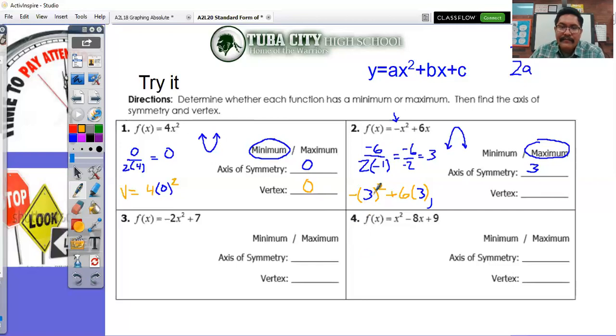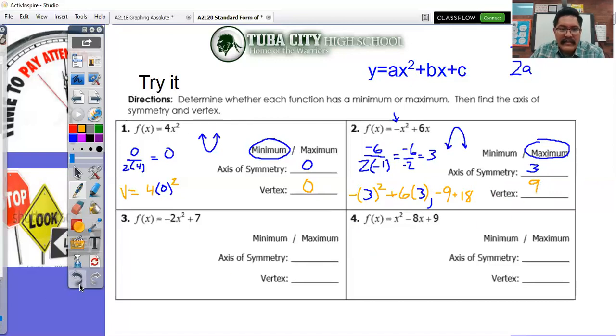So we have to do the exponent first. This is 3 times 3, which is 9, but it's going to be 9 times -1, so that'd be -9, plus 18. So 6 times 3 is 18, and 18 minus 9 is going to be 9.